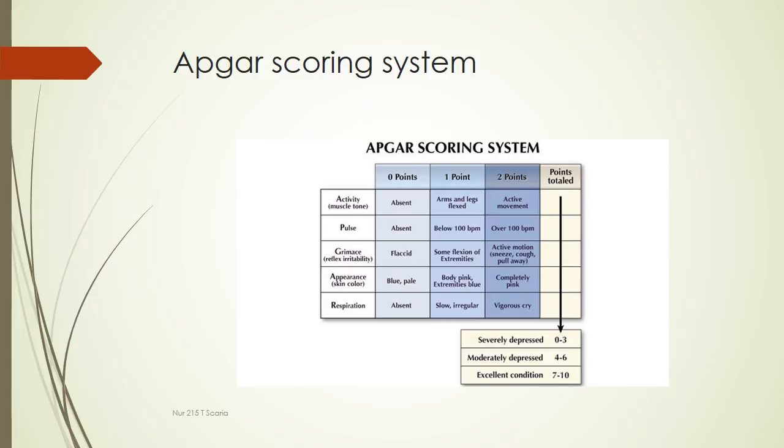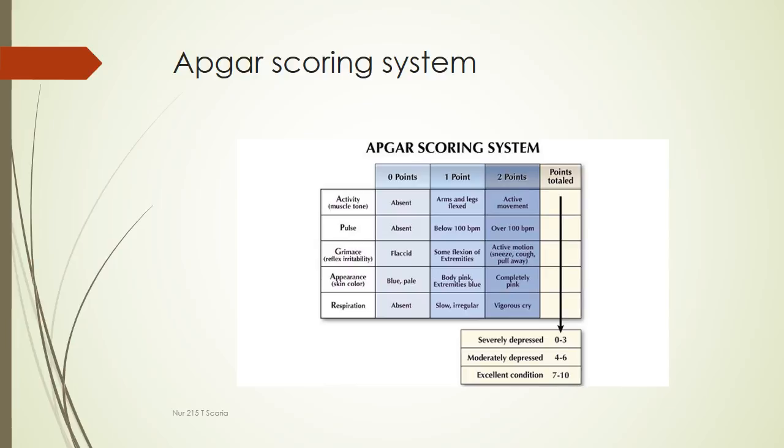Your book has the APGAR scoring system, which is the same as what I have given here. The only little difference I have put here is for the grimace or reflex irritability: for 2 points, active motion, that is sneeze, cough, pulls away.